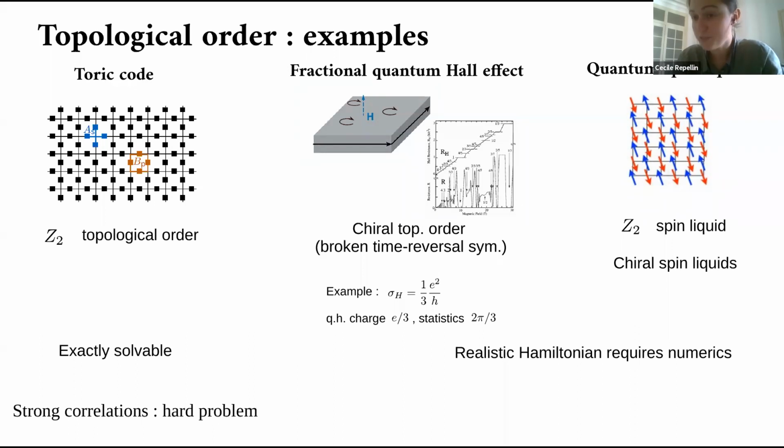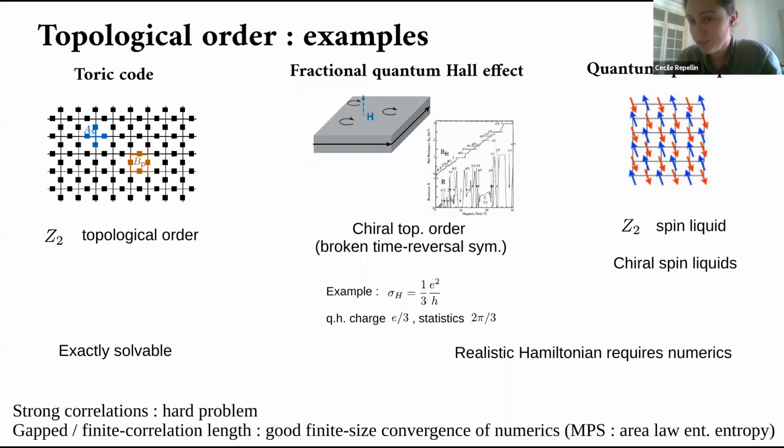We have strong correlation, so it's a hard problem, but actually it could be worse, in a sense, if you think of strongly correlated matter in general, because topological order phases have a gap in their bulk, or if you prefer, finite correlation lengths. And this tends to be quite good for numerics.